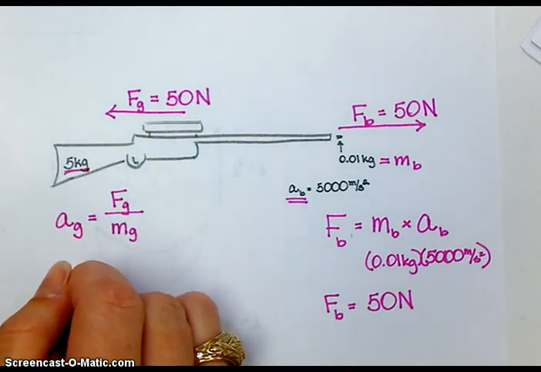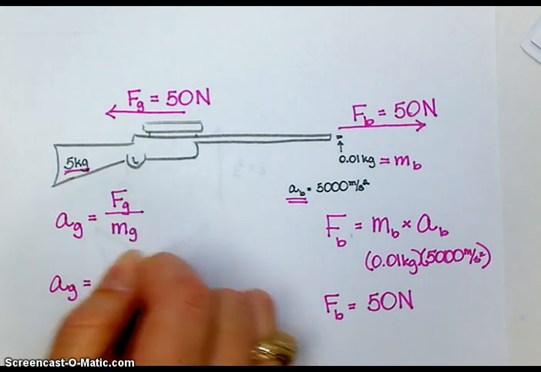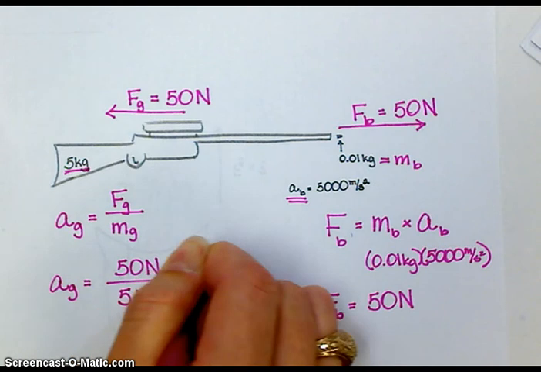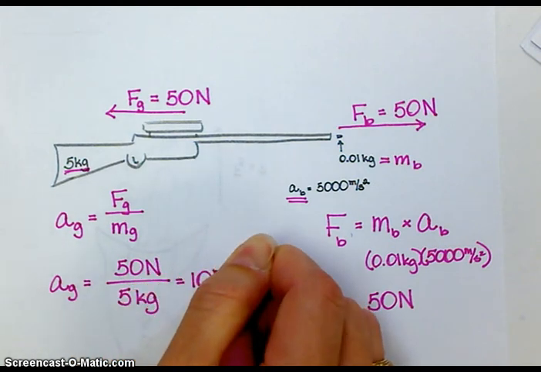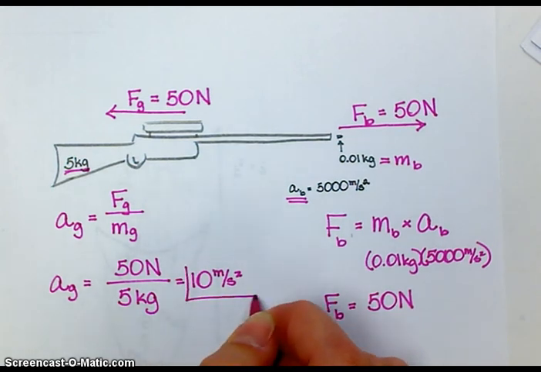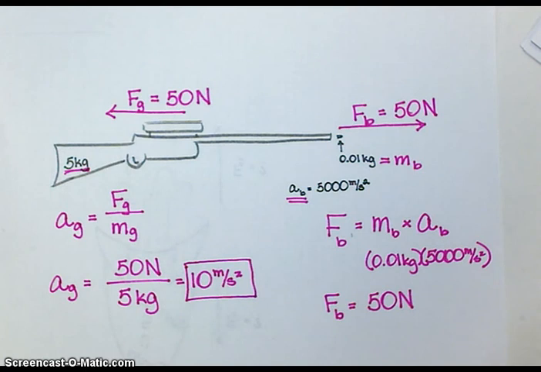So the acceleration of the gun is 50 newtons divided by 5 kilograms, and that is 10 meters per second squared. Now again, that acceleration only occurs for a very, very short period of time while the bullet's in the barrel of the gun. But there you have it.